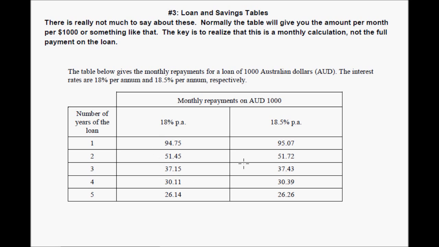Okay, so now notice that this is monthly payments per $1,000 Australian dollars. So if it was $10,000, you would have to multiply each of these by 10 to get the monthly payment. So what I'm going to do here is a problem on this. It's real short.